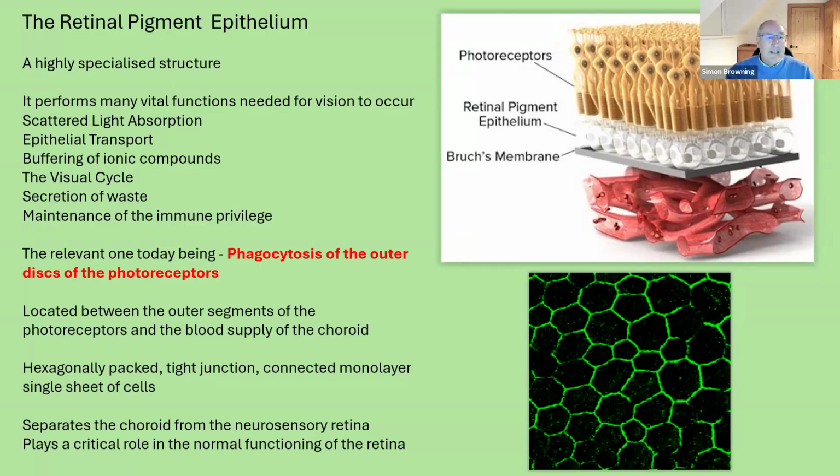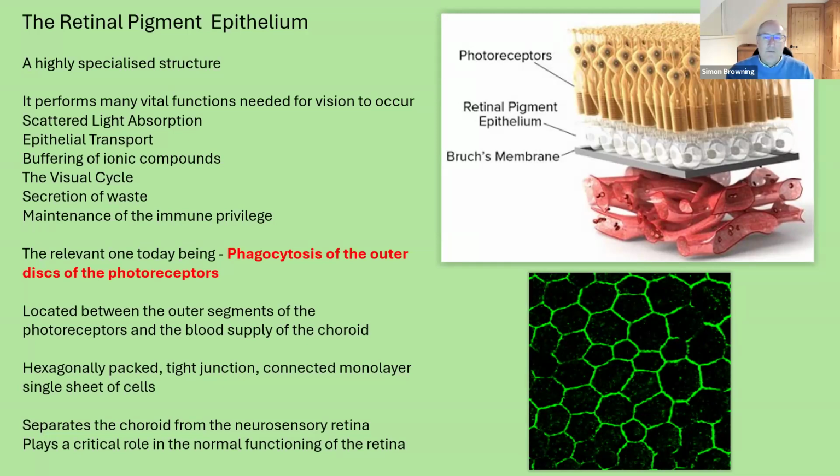Now, you can see just a list of some of the things that it does here. It absorbs scattered light to improve the crispness of our vision. It transports substances in and out to the retinal elements like the rods and cones. It buffers the ionic compounds so we don't move too acid or too alkaline.